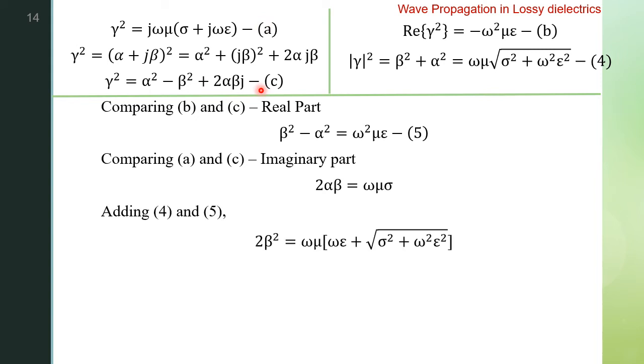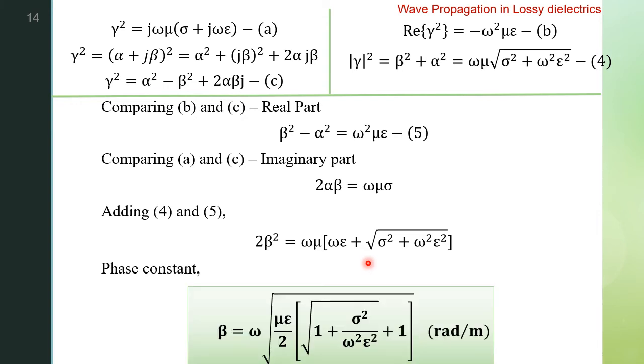So when you consider equations 4 and 5 and add those two equations, you will get 2 beta square is equal to omega mu into omega epsilon plus root of sigma square plus omega square epsilon square.